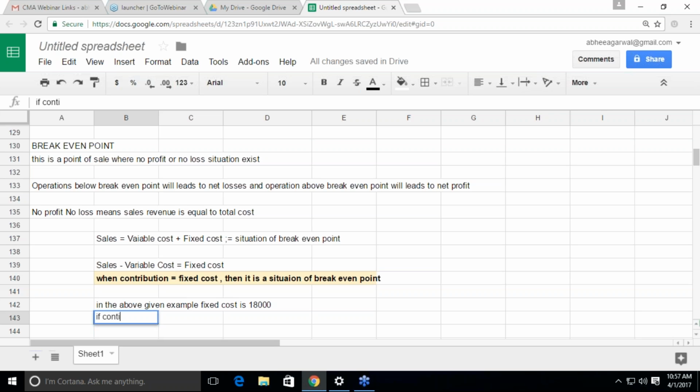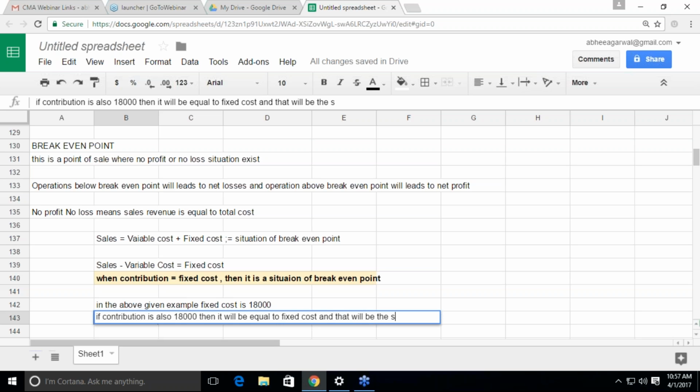If contribution is also 18,000, then it will be equal to fixed cost, and that will be the situation of no profit, no loss.